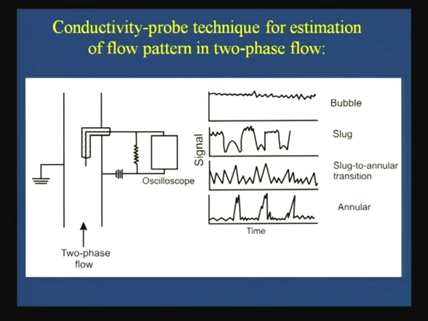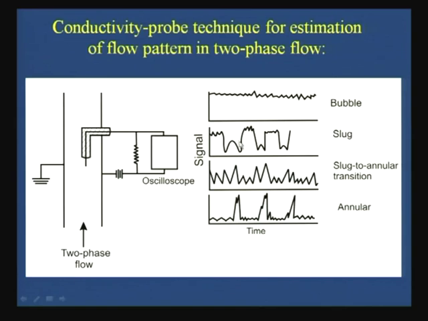Okay. But the first thing is we need a very good design of the probe in order to identify all the different flow patterns, particularly where the problem arises at the transitions. Say it is the bubbly slug transition.